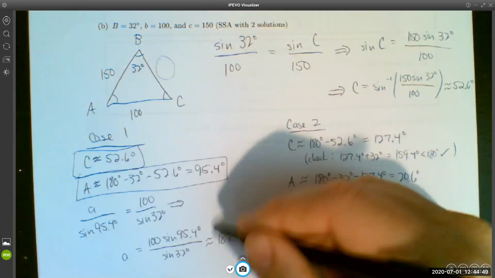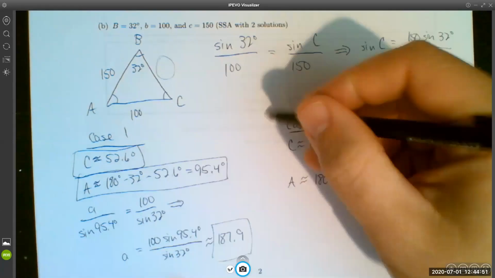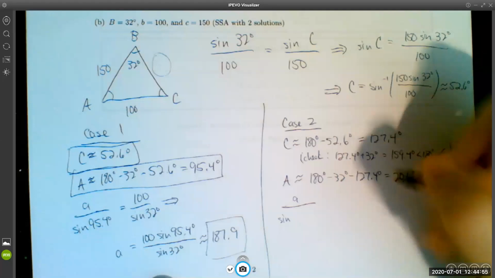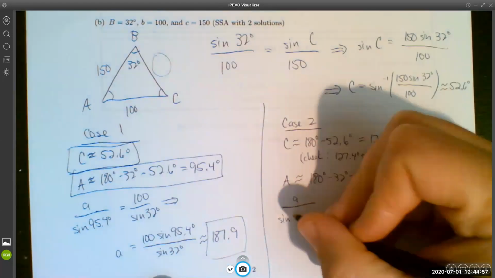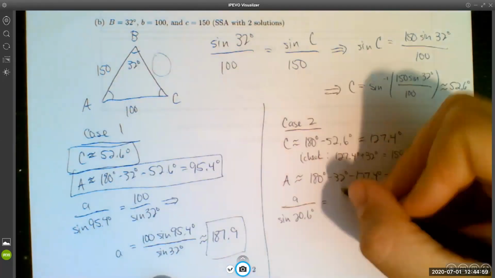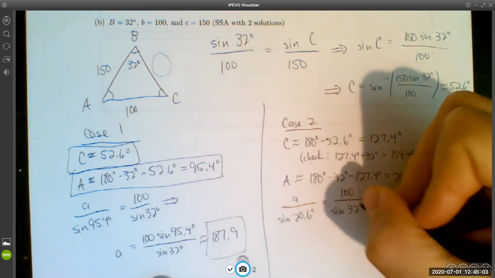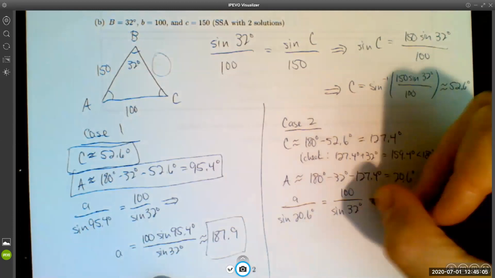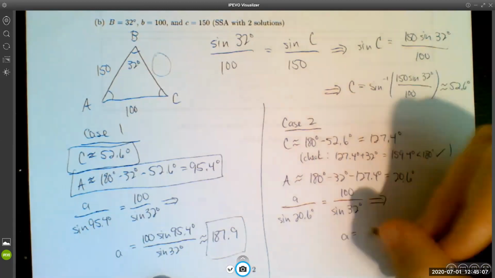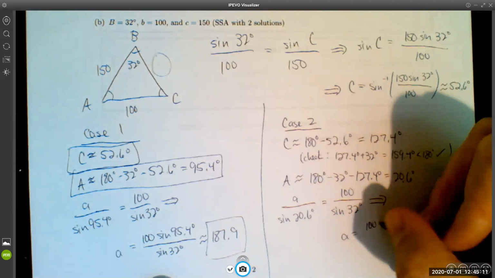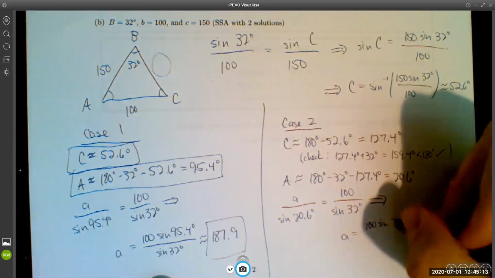The other possibility, so again, we're going to say A over sine A, 20.6, equals B over sine B, and that would imply that A is equal to 100 sine 20.6 degrees divided by sine 32 degrees.